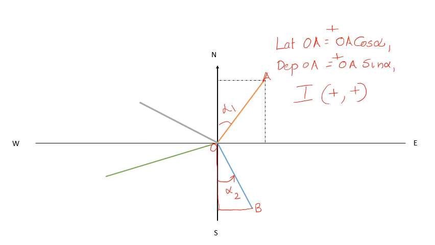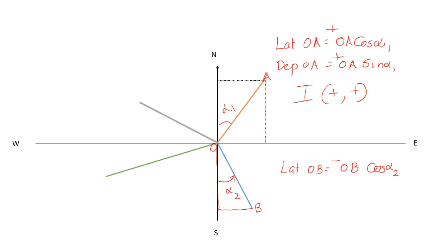How to calculate that? Latitude of OB is equal to the length of OB into cos alpha 2, right? But you see, from O to B, you have to move towards south. So the component of OB will be towards the south direction, the south axis. That means it will be negative.